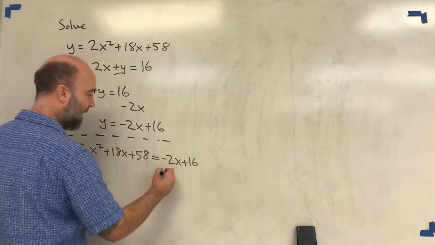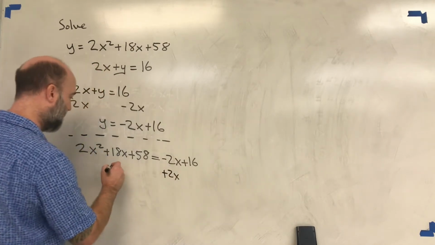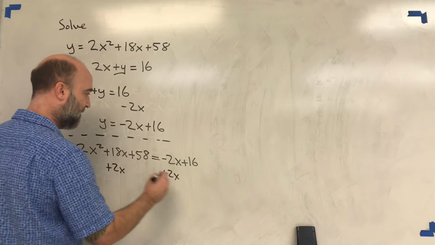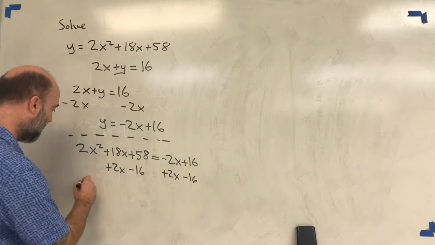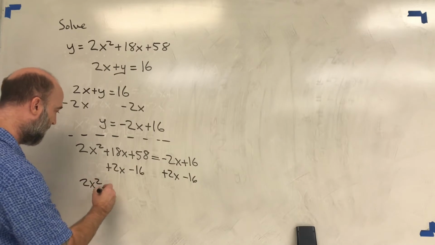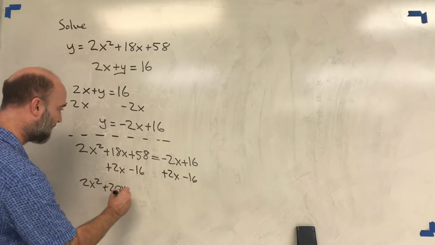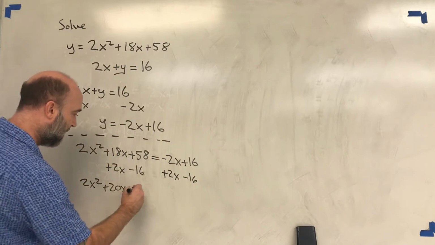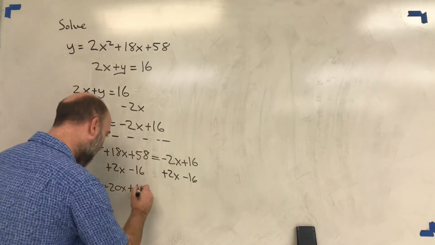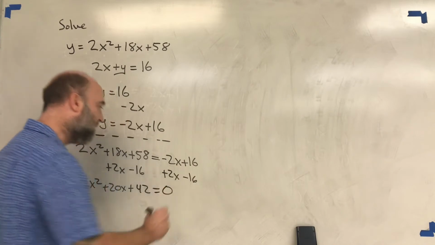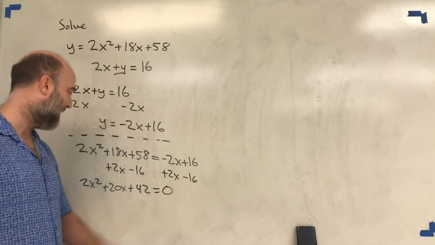So I'll add 2x to both sides, and subtract 16 from both sides, and I get 2x squared plus 20x, and 58 minus 16 is 42. Our whole point was so that we have the 0 by itself.